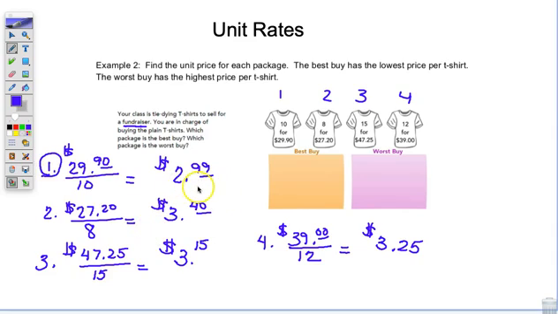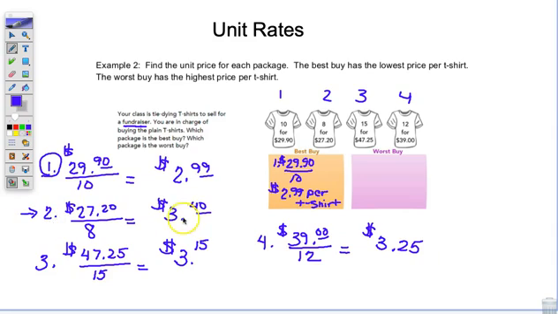So as we analyze the costs here, choice 1 is the best buy because it costs the least amount per t-shirt. So over here, we're going to choose choice number 1, and we're going to put in that $29.90 divided by 10 is the best buy at $2.99 per t-shirt. The worst buy, or the most expensive cost per t-shirt, is going to be our second choice right here.